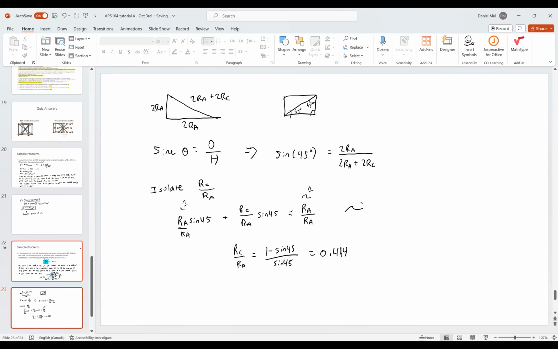You can just expand this if it's easier to see. And that's how we get there.